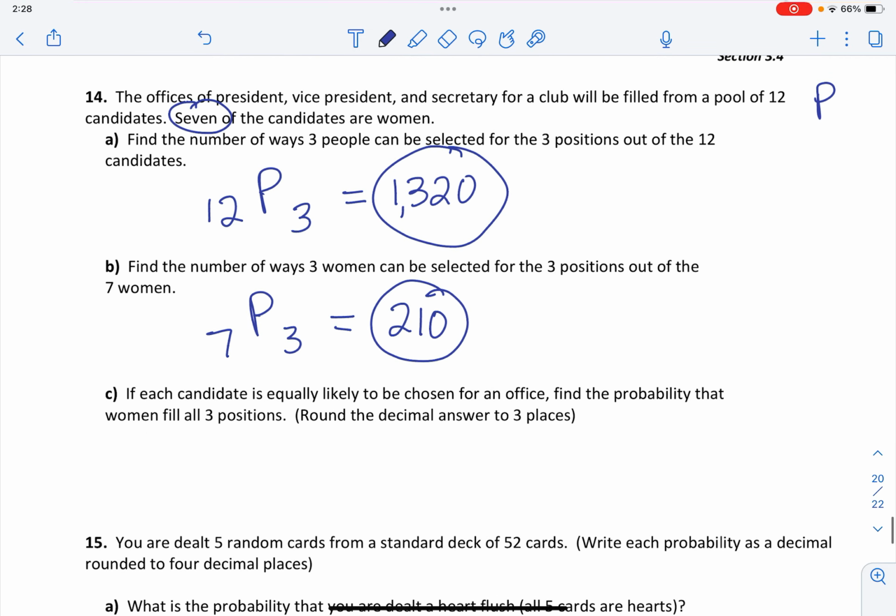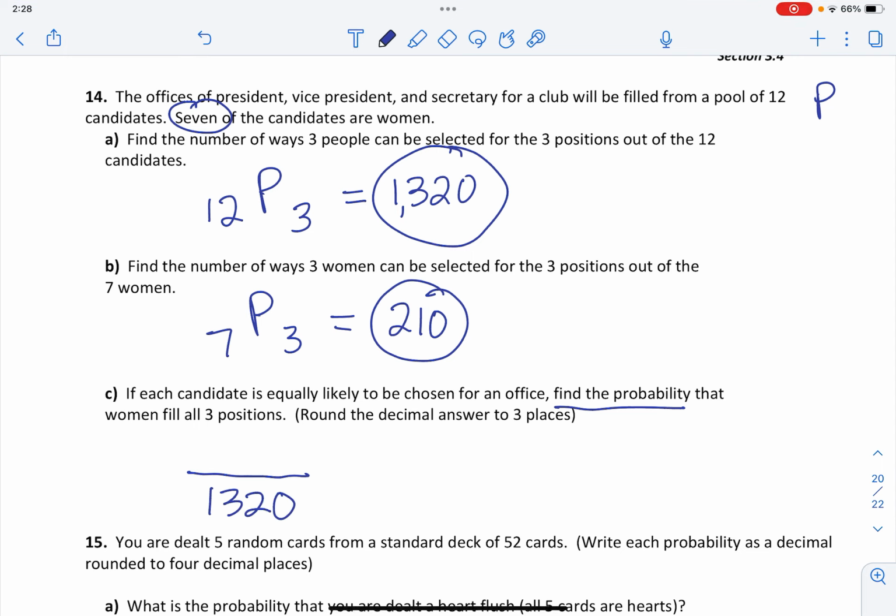Now we can use these to do a probability question. Notice those are just number of ways, whereas C is find the probability. Anytime you're going to find the probability, it's either going to be a fraction or a decimal that's less than 1. Find the probability that the women fill all 3 positions. Now we have the numbers we need. The total number of ways to fill the positions is 1,320.